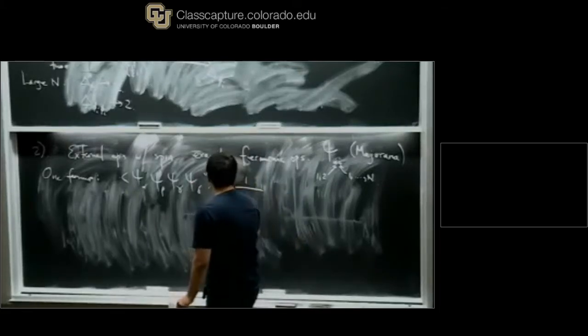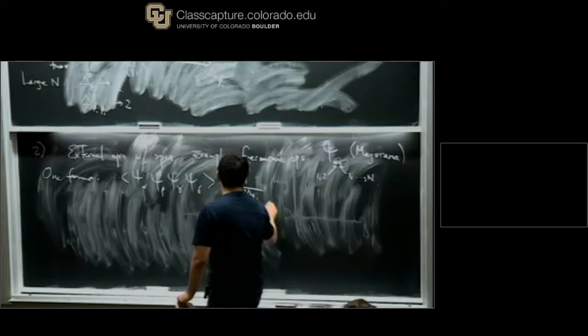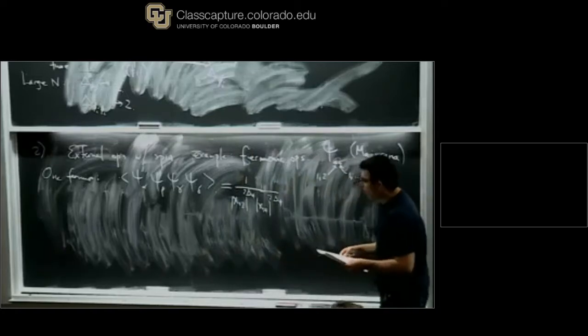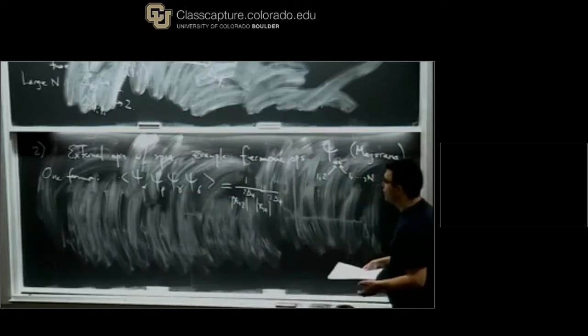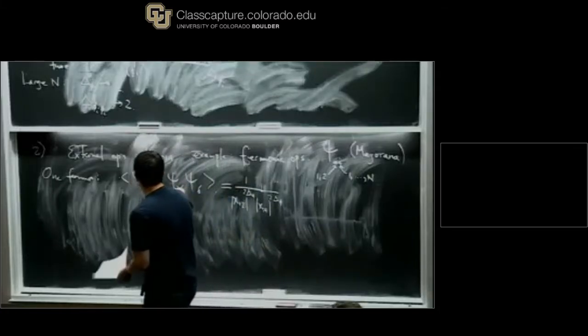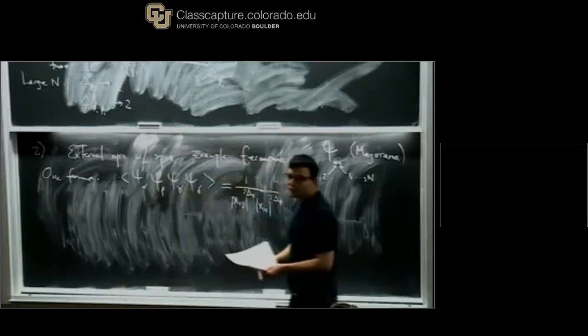So 1 over x12 to the 2 delta psi, x34 to the 2 delta psi, times some function of u and v, but also multiplied by some extra function of position that also depends on these spinor indices.